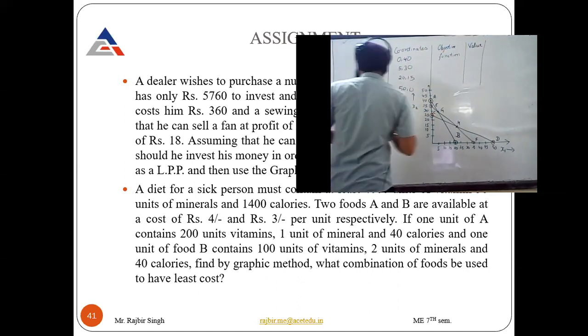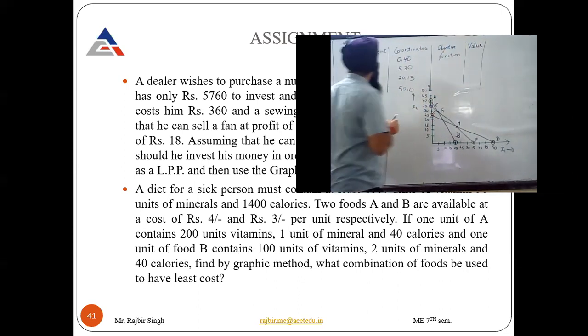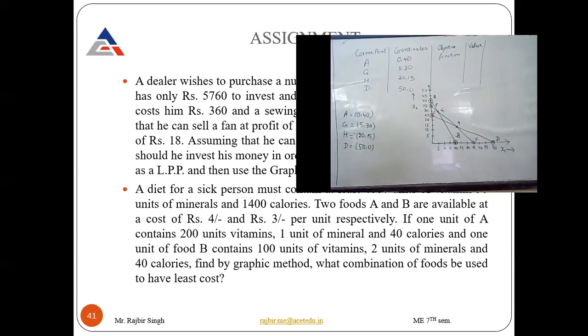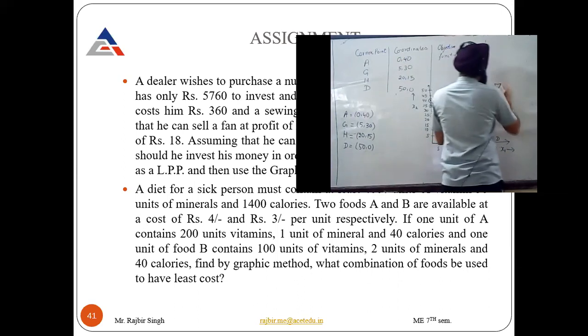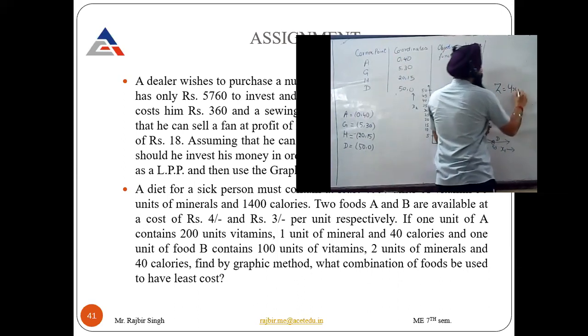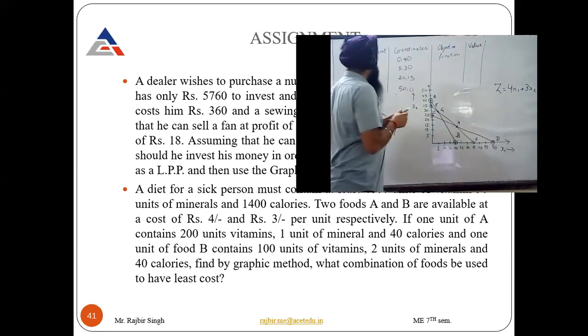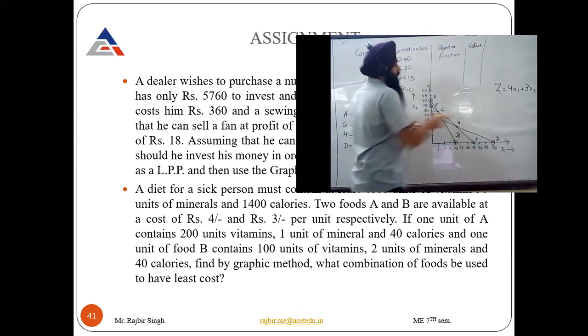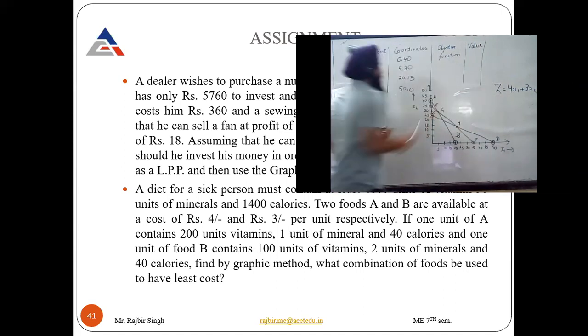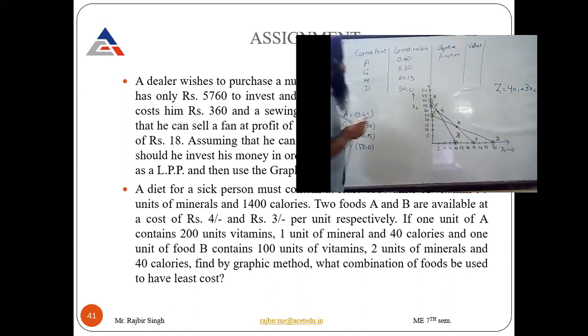Now we have to find the value of Z. We know that Z is equal to 4 into x1 plus 3 into x2. So simply put the values of x1 and x2 in this equation, and we can calculate the value.